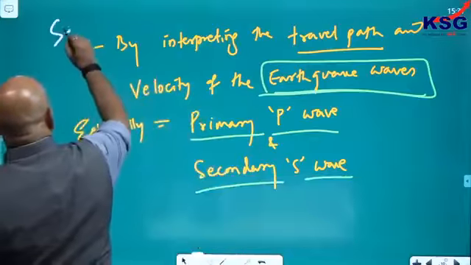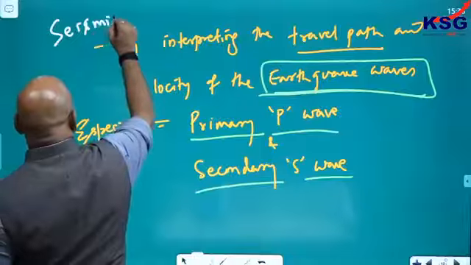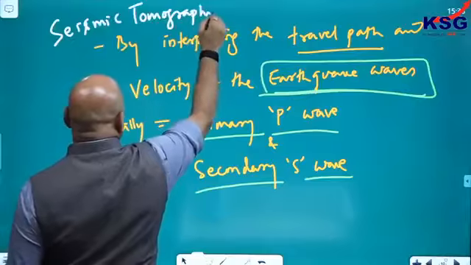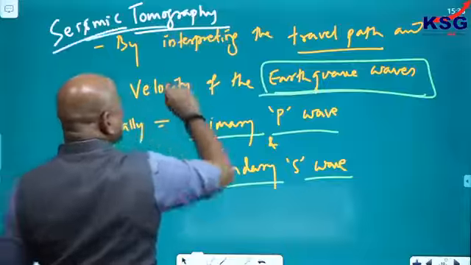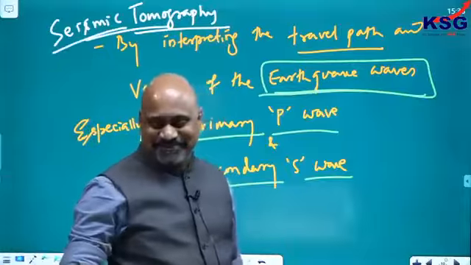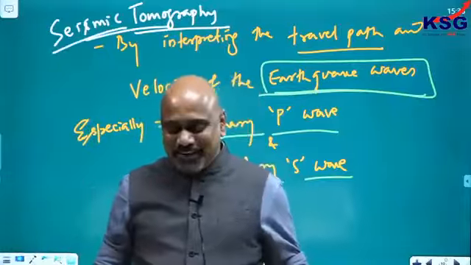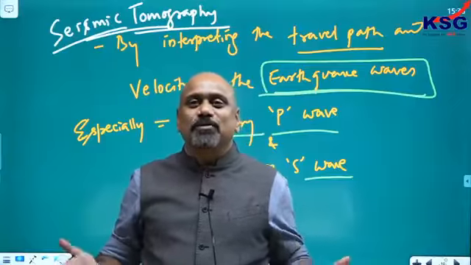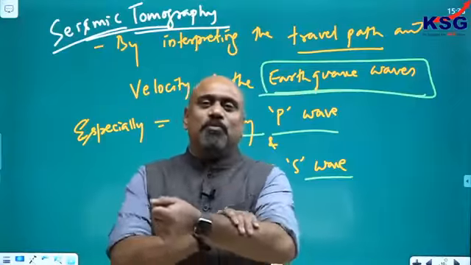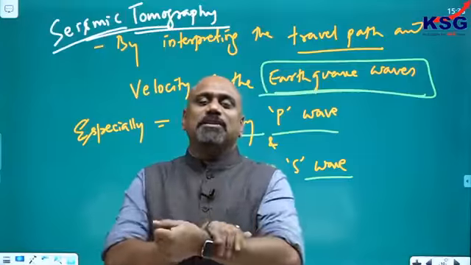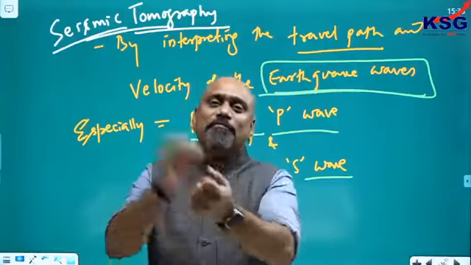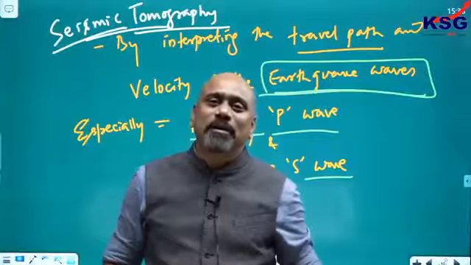I said seismic tomography. I didn't say topography, you see here. A term I have used here. Do you know what does it mean? अरे भाई X-ray होता है. While you have some bone problem or there is a fracture, how do you get to know through X-ray? X-ray is what? By interpreting the wave through your body.